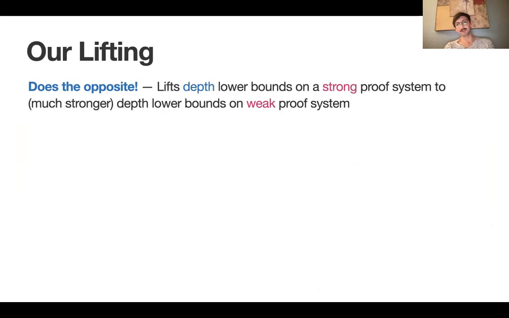It lifts depth lower bounds on a strong proof system to depth lower bounds on a weaker proof system, albeit the new depth lower bounds we get are much stronger. Here P is resolution and Q is size bounded resolution, so resolution where we're not allowed to exceed some size bound.